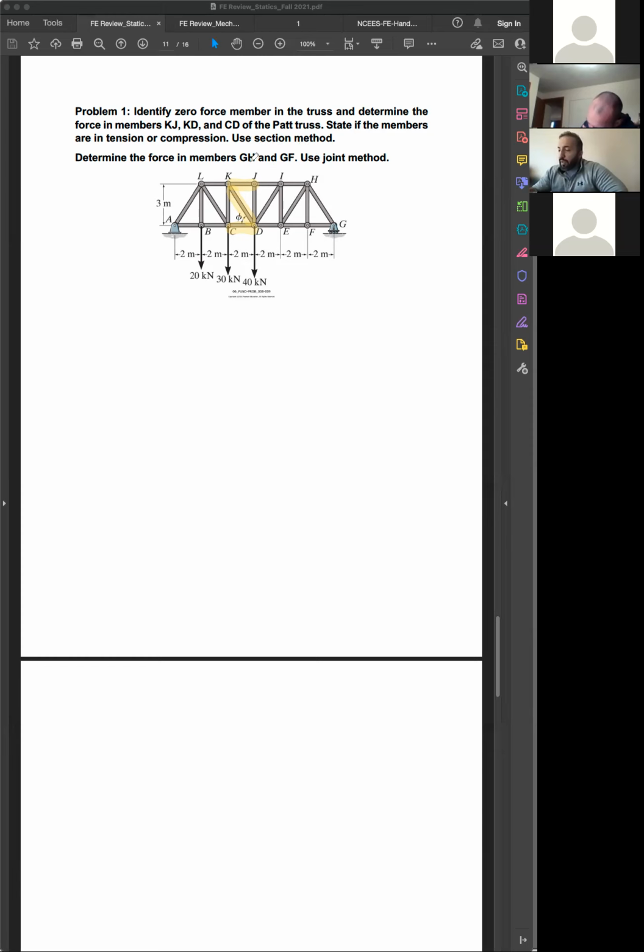State if the members are in tension or compression, using method of sections. Also determine the force in members GH and GF using method of joints. It is like a true example. It has everything: zero force members, method of joints, method of sections.